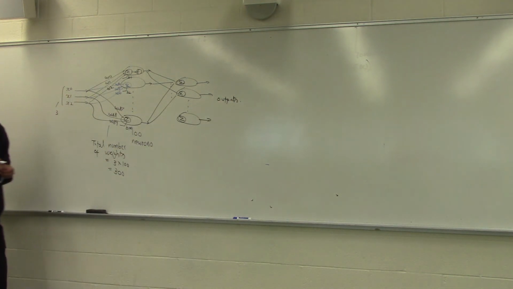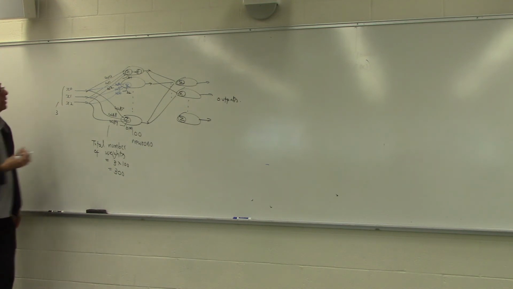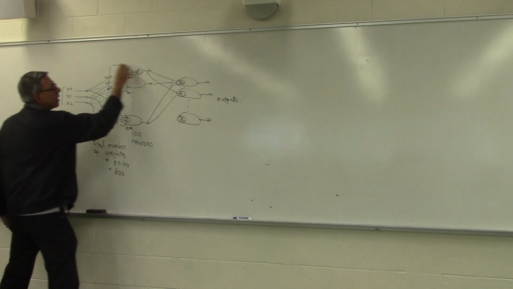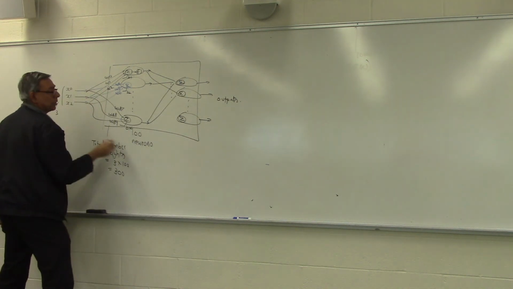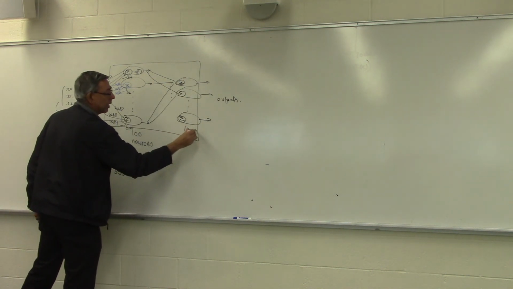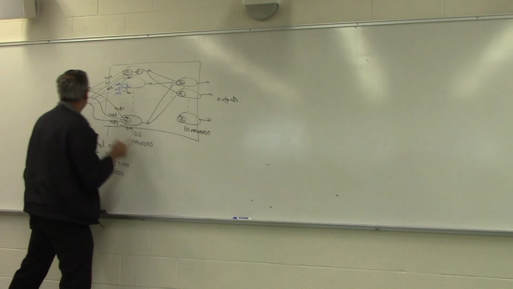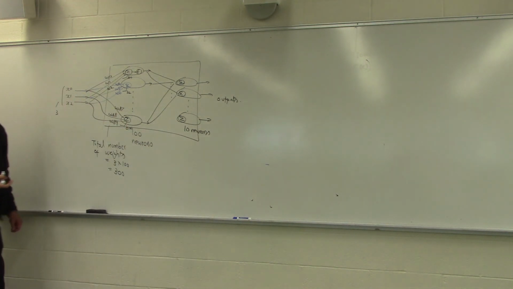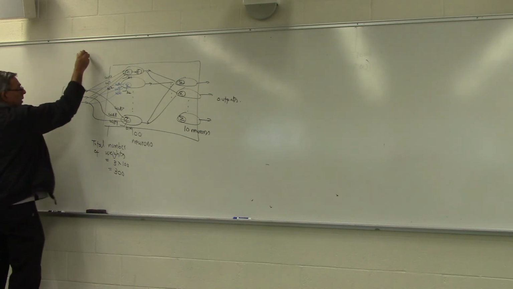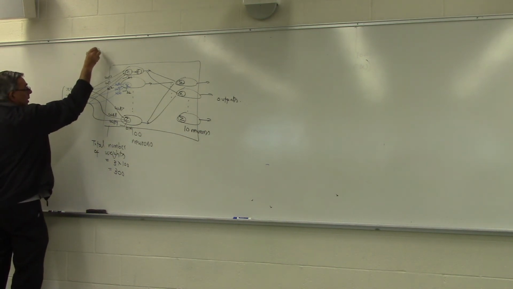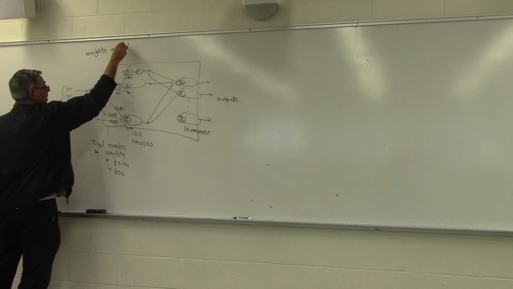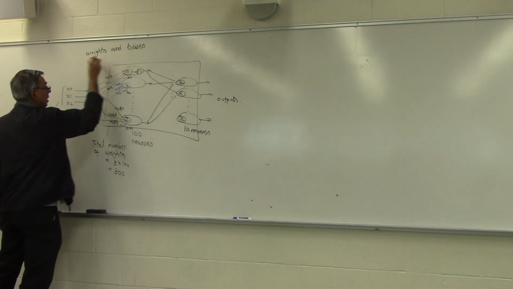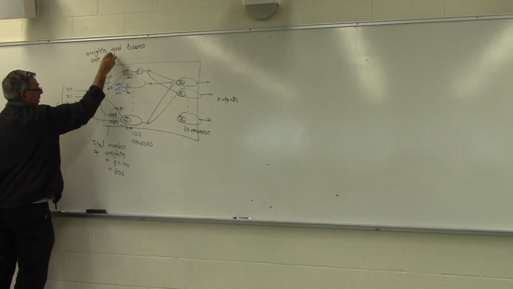Okay, so the fundamental problem in neural networks is, so let's pretend we had 10 neurons over here. 3 inputs, 100 neurons over here. So in the beginning, weights and biases are initialized randomly.